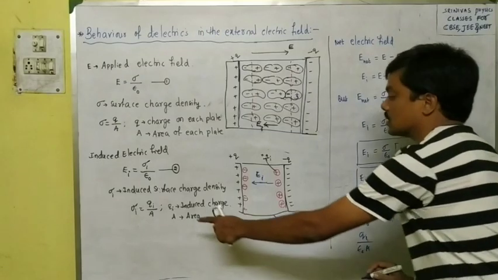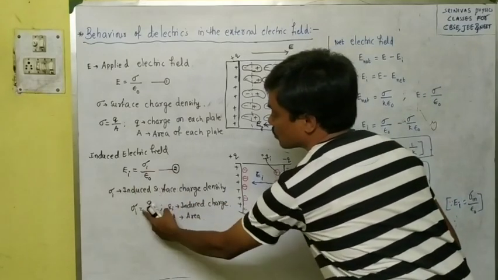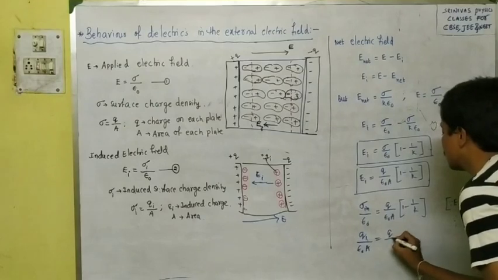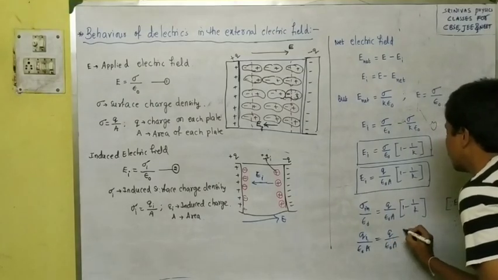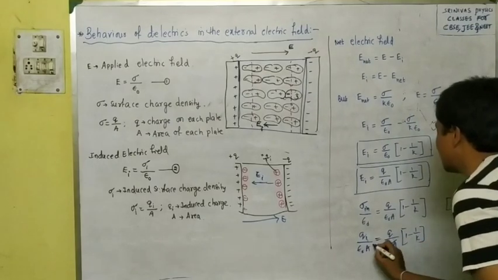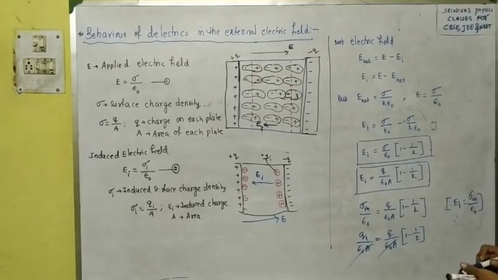Okay, from this, induced charge by area is equal to q by epsilon naught A into 1 minus 1 by k. From this, this will cancel. Then finally we will get one formula for the induced charge, right?